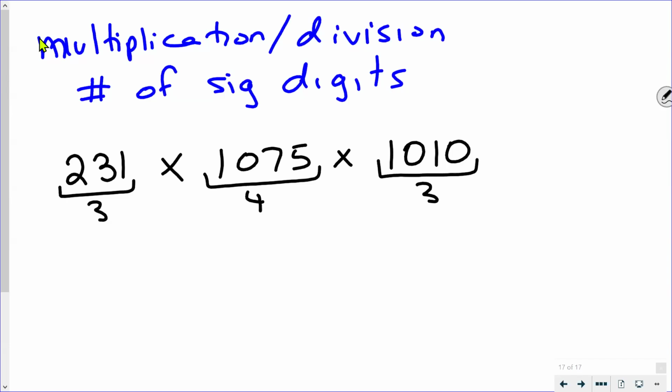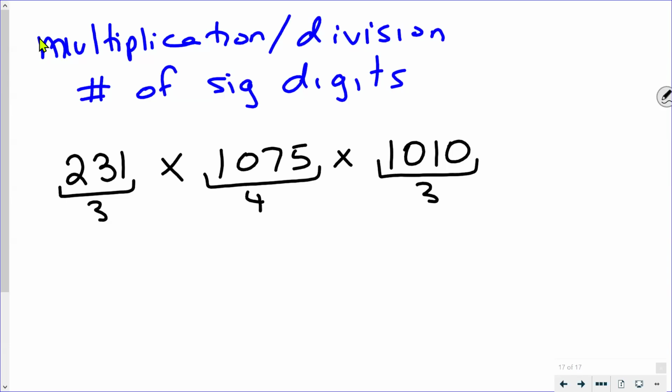So I'm plugging into the calculator. Do we not put the 1010? We put 101. You have to put the numbers in. Rounding comes after you get the numbers.